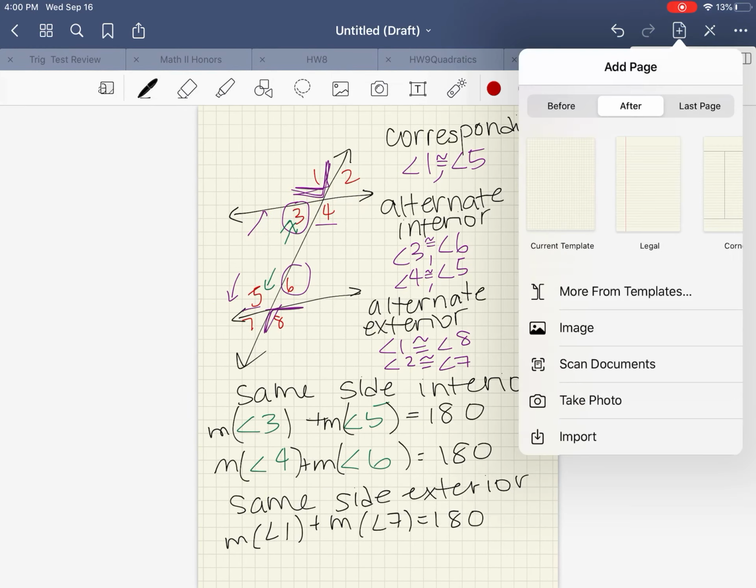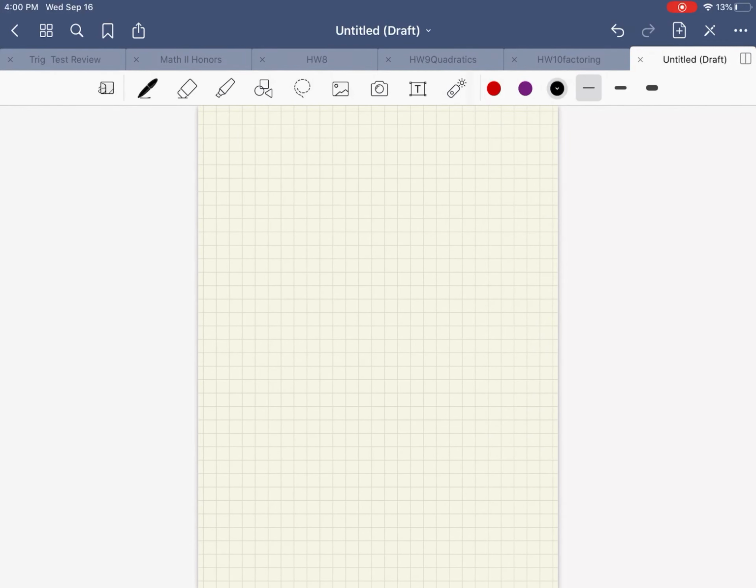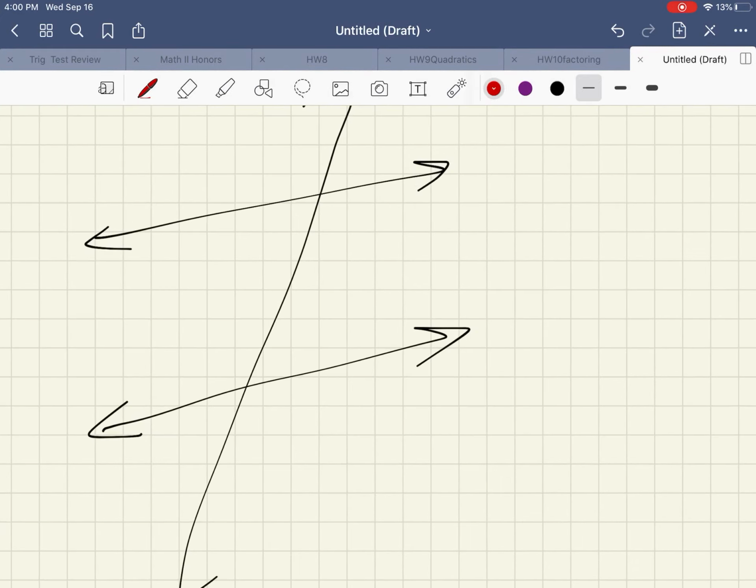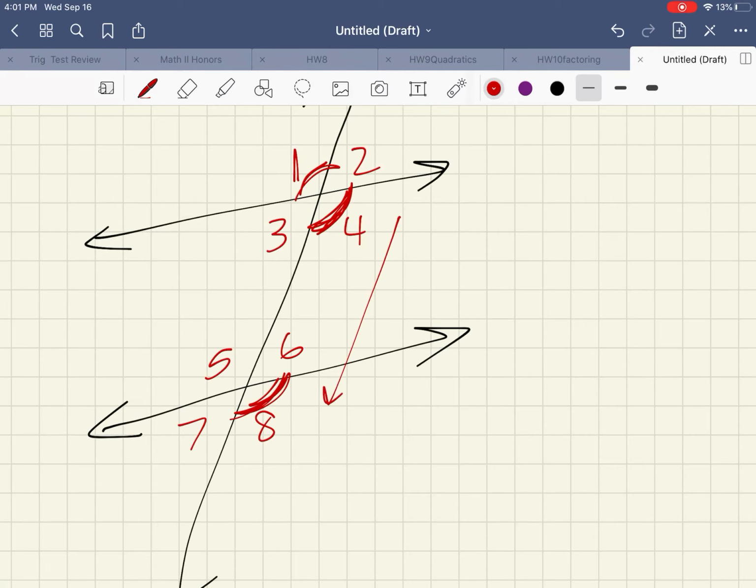These are cool because you can actually think about this in terms of vertical angles, linear pairs, and supplementary angles. Let me add another page here. For example, if I have two parallel lines cut by a transversal, it's very important that they're parallel. Notice that angle 1 is vertical angles with angle 4. But knowing that corresponding angles are the same because we're just translating up and down, we know that angle 4 is congruent to angle 8 because we're just transferring it downwards.